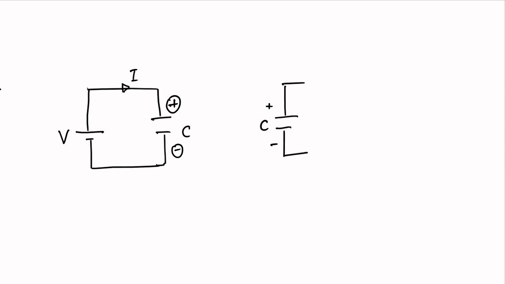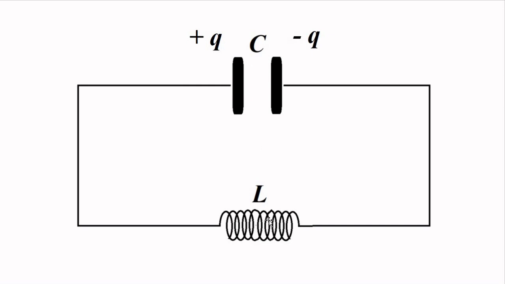So this is the charged capacitor which is connected to an uncharged inductor. The charge in the capacitor is Q, plus Q on one plate, minus Q on the other.